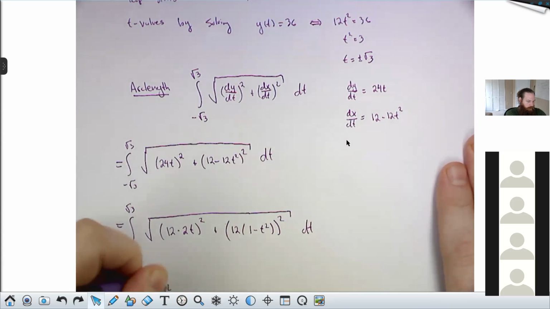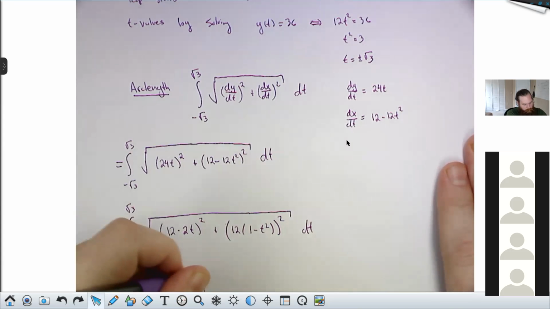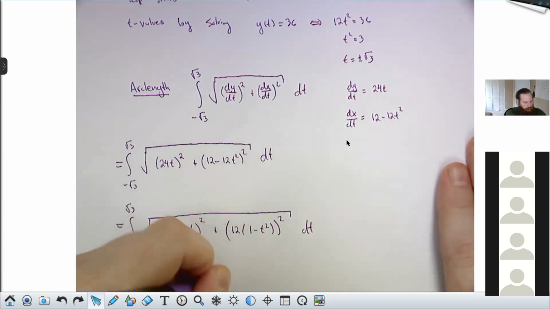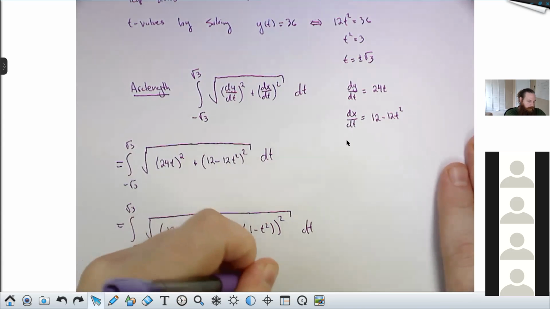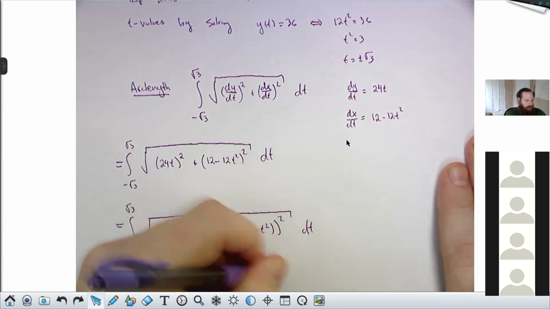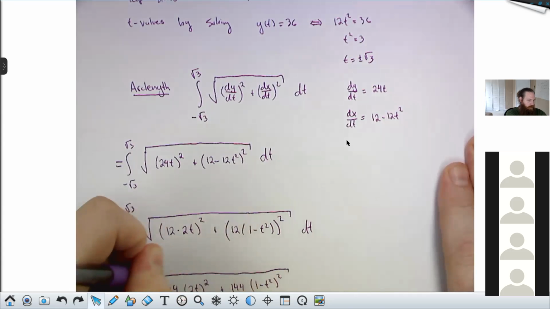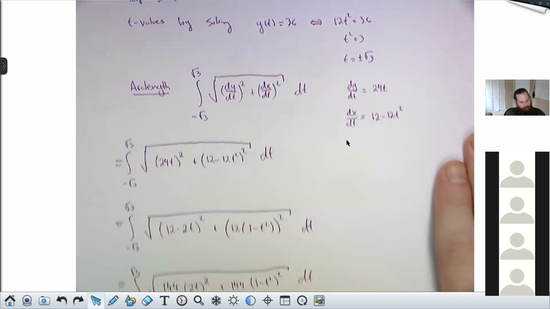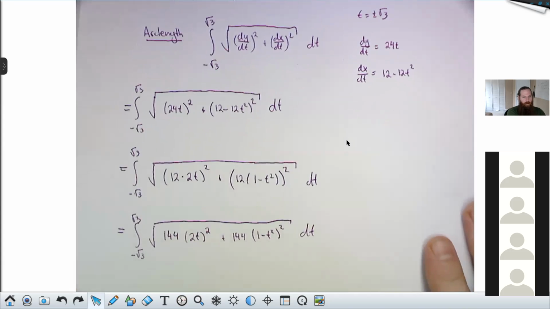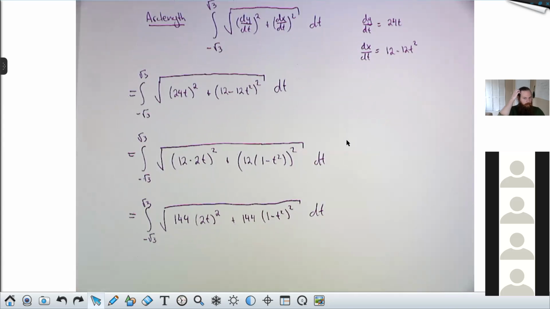This is 144 times (2t) squared plus 144 times (1 minus t squared) squared. And then I can factor the 144 under the square root and bring it out as a 12.